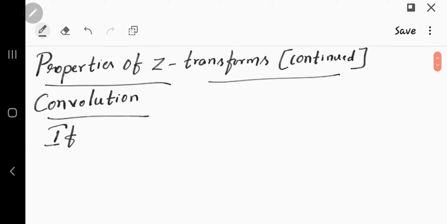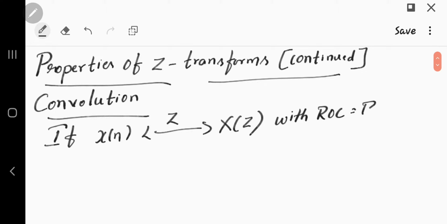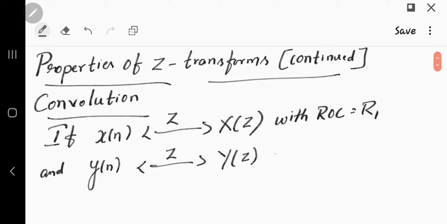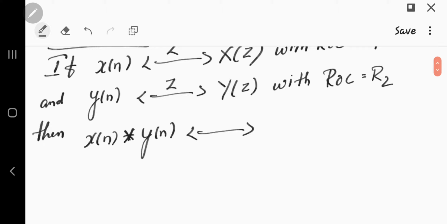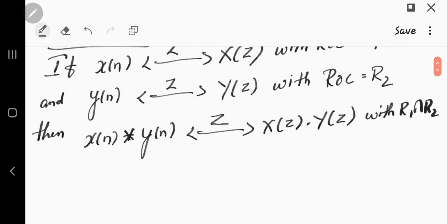So the statement says if x of n gives x of z with ROC R1 and y of n gives y of z with ROC R2, then x of n convolved with y of n gives x of z into y of z with R1 intersecting R2.